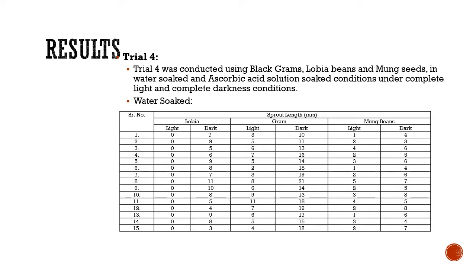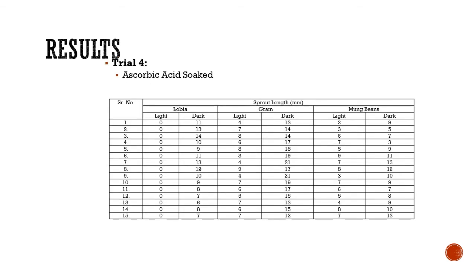From this, it is clearly evident that dark conditions were much better for sprouting of all 3 types of seeds used in this particular trial over the light conditions. Also, when these results were compared to the ascorbic acid solution soaked seeds, it is clearly evident that the dark conditions are still better than the light conditions, but the seeds soaked in ascorbic acid solution have a greater average root sprouting length than the water soaked ones.